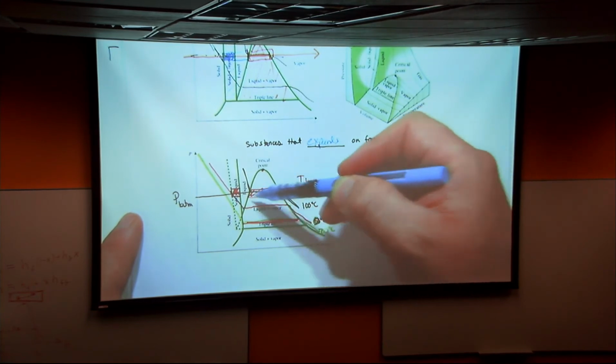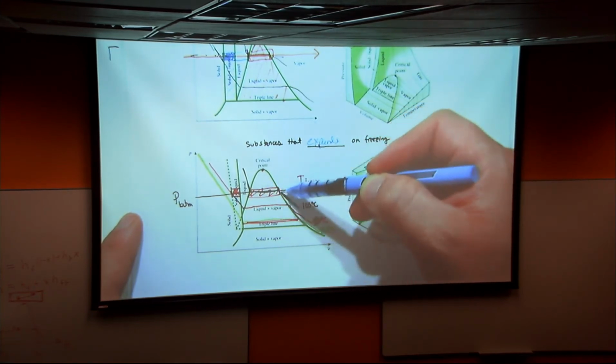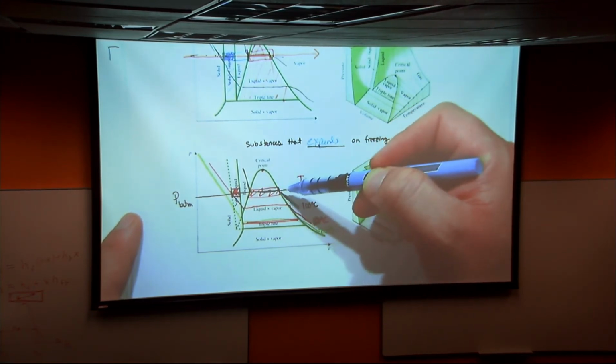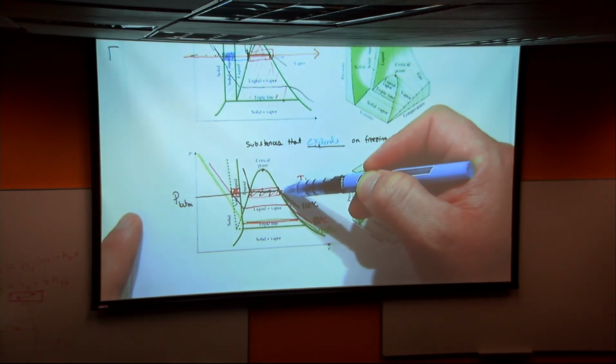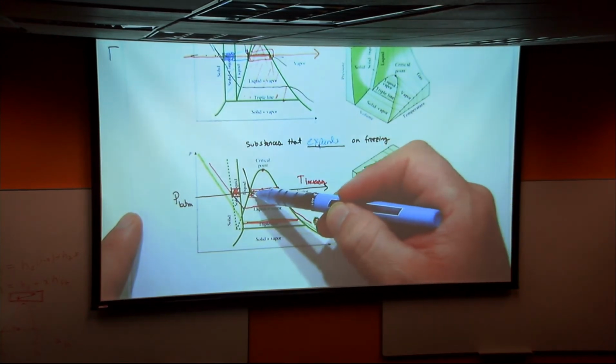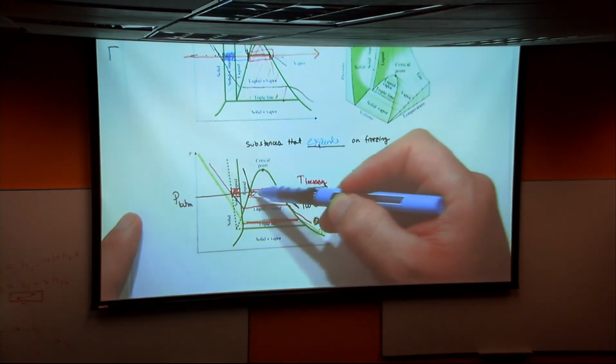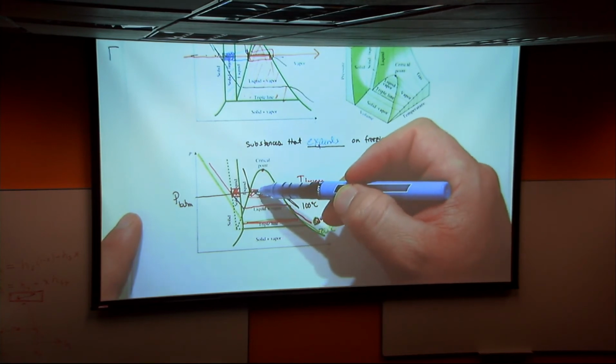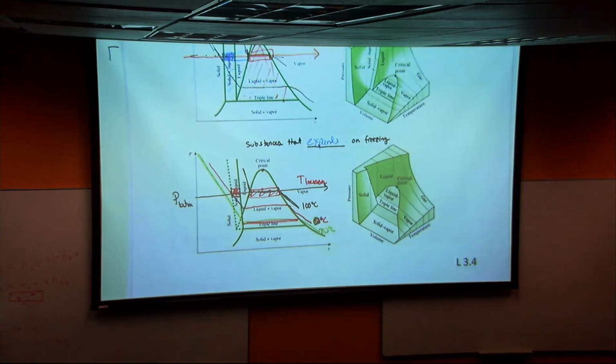I can be a mixture of liquid and vapor, right in here. Or I can be 100% vapor, saturated vapor. And the width of this bell curve tells me the energy required to do it.